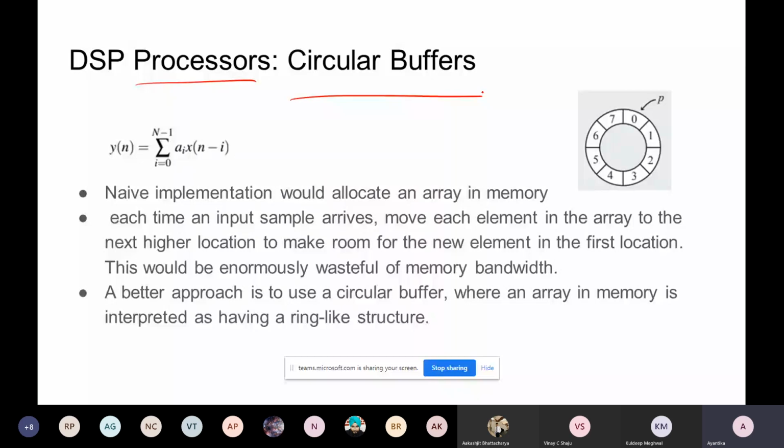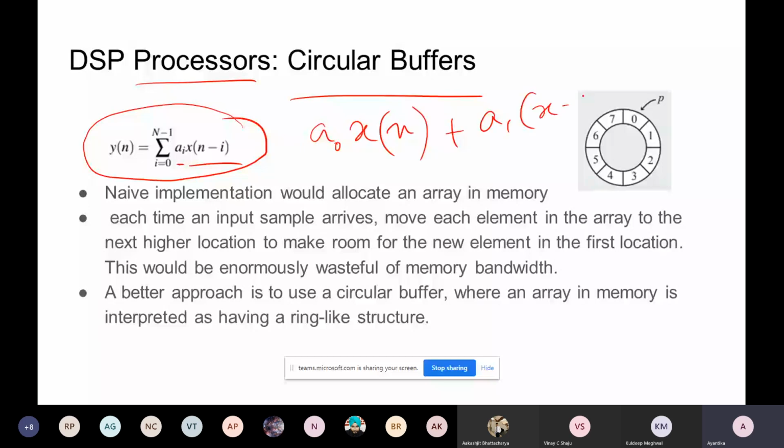What does it mean? See, whenever we are in general purpose processing, we are trying to perform these types of operations. You can see this is a_i, you are summing over a_i times x[n minus i]. That means each time you are taking this value, and so on, right? Now for this, what do you need to have? Gradually you will store these x[n-1], x[n-2] values and so on.